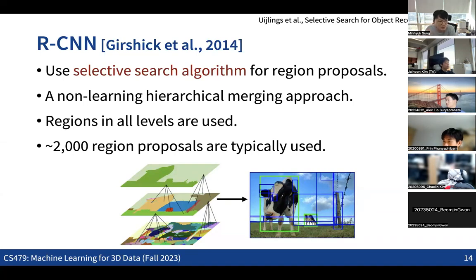If we take the bounding boxes for each region all the way up to the biggest cluster, we get bounding boxes for all the intermediate clusters, and those bounding boxes become the region proposals that we check to see whether each region really represents an object or not.